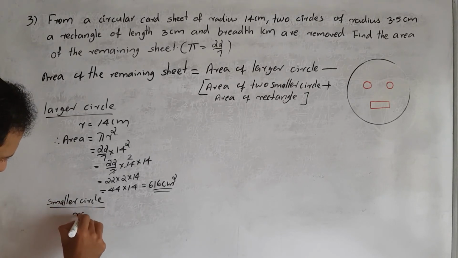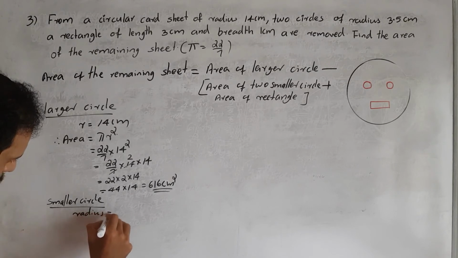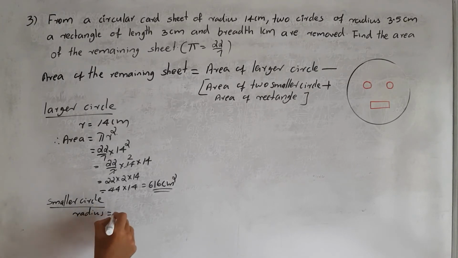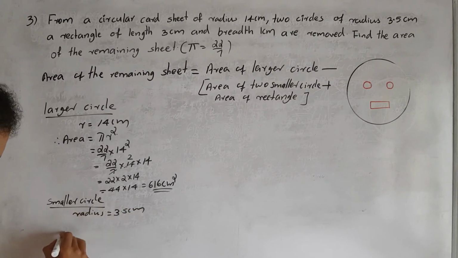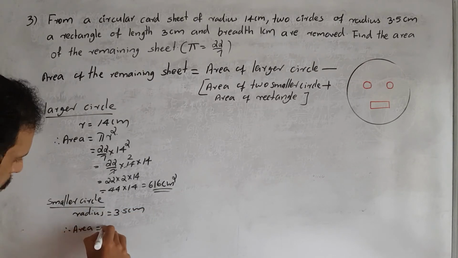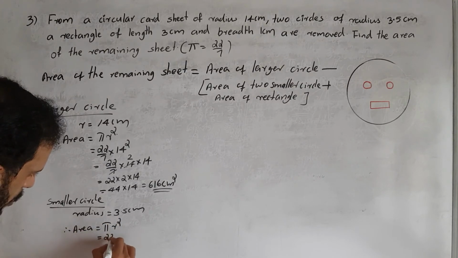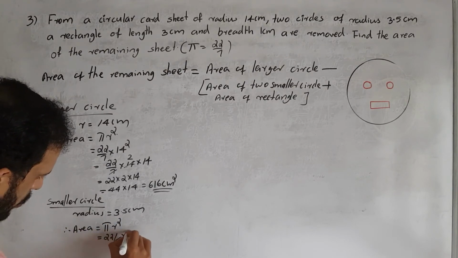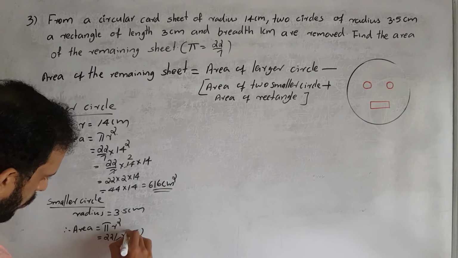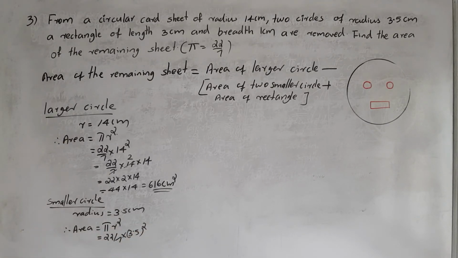The radius is equal to 3.5 centimeter. Therefore, area is equal to pi r square is equal to 22 by 7 into 3.5 whole square.